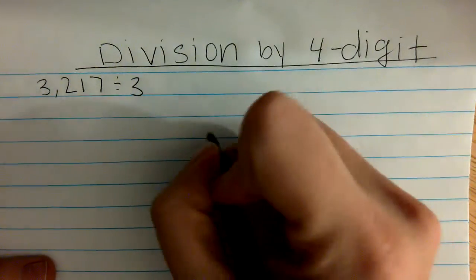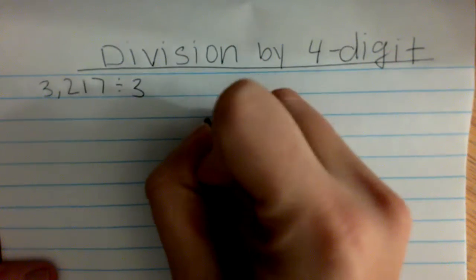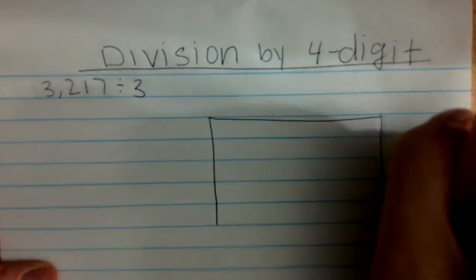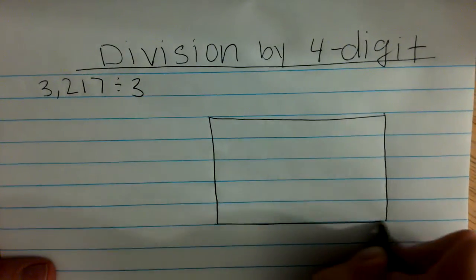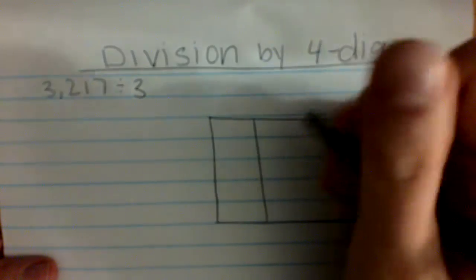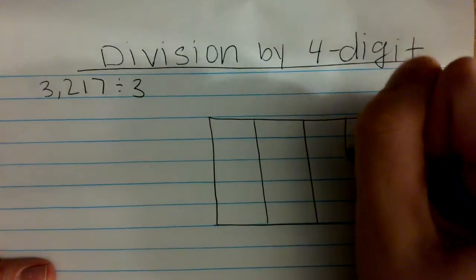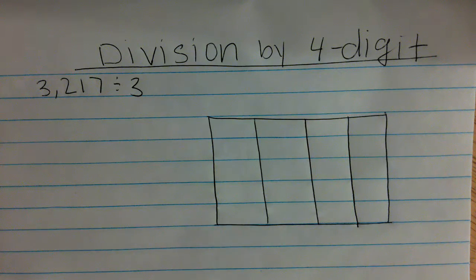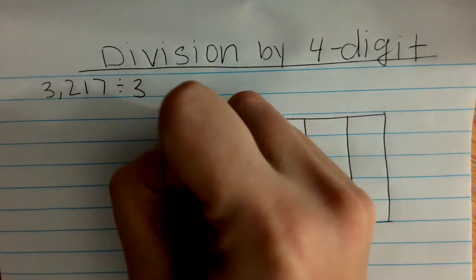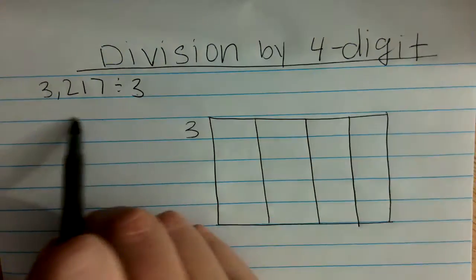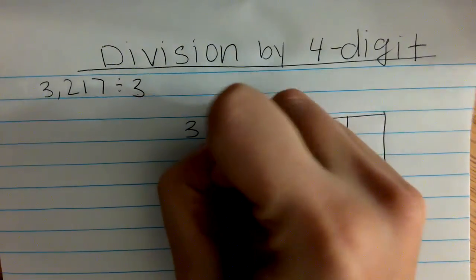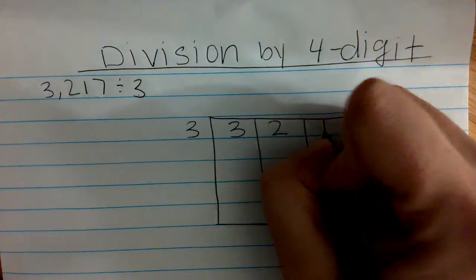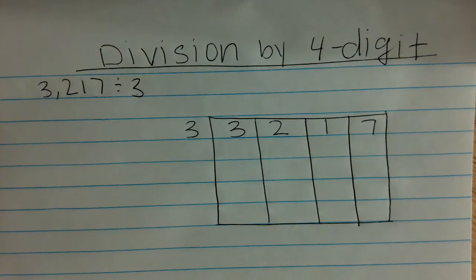So let's go ahead and do the box method for this problem. I'm going to draw it out. But this time we need four boxes, four columns. So I'm going to put my divisor outside and my dividend inside. 3,217.